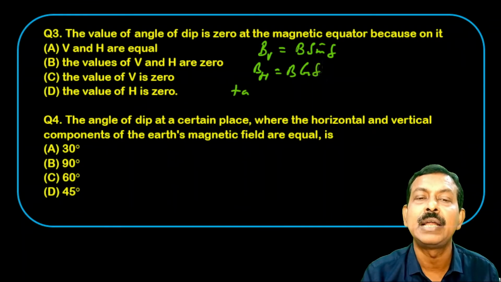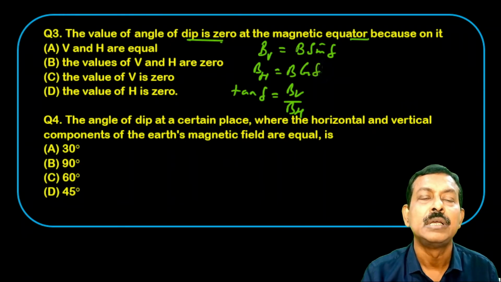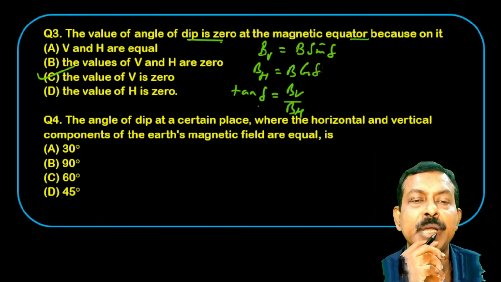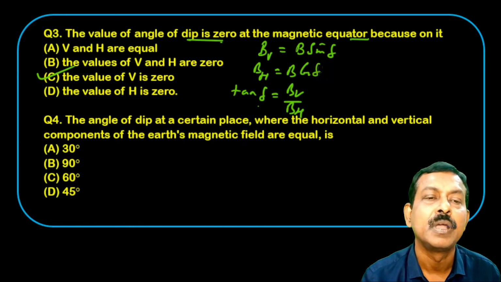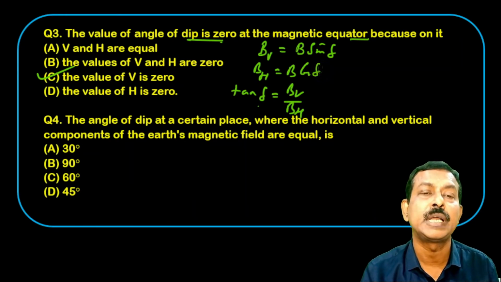That is why tan delta is BV by BH. So the angle of dip is 0 at the magnetic equator because in this case delta is 0. If delta is 0, it means the vertical component will be 0. So that is the correct option. Value of H is 0 is wrong. It has a horizontal component at that point.